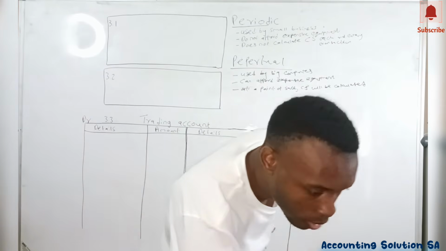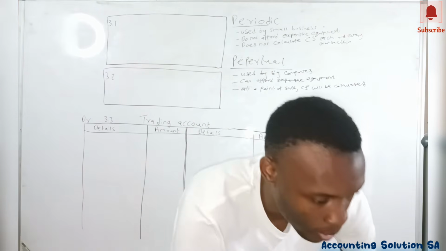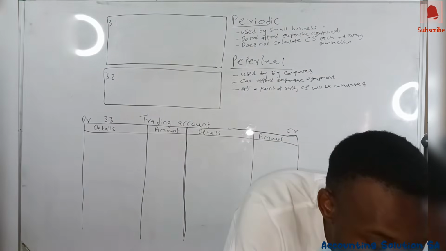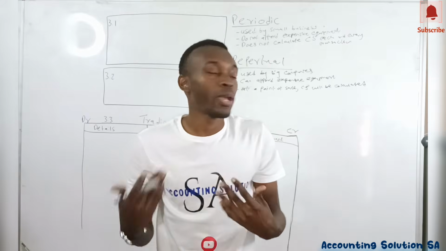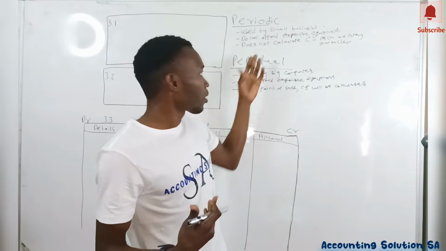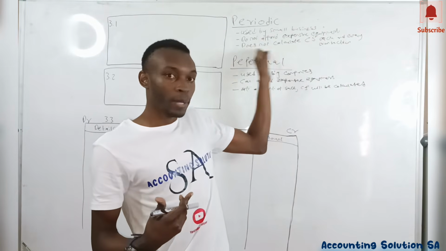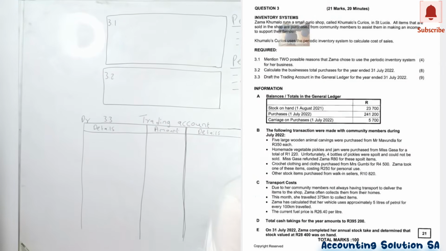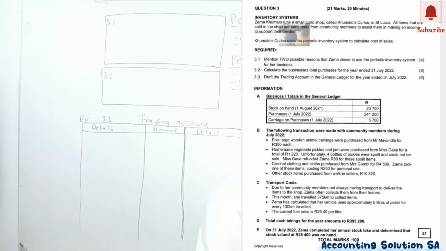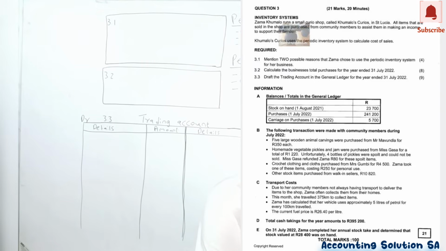Okay, let's go back to our information. They said this business is using a periodic inventory system. It simply means that now we know that we are going to calculate manually. Then let's take the required. They said 3.1 mention two possible reasons that Zama chose to use the periodic inventory system for her business.